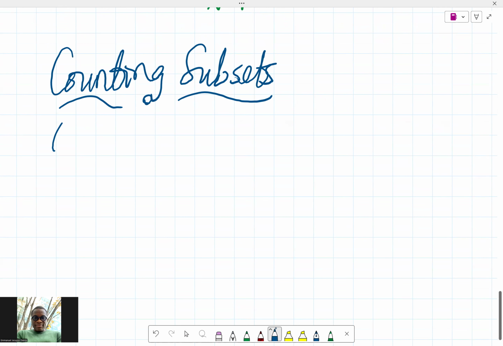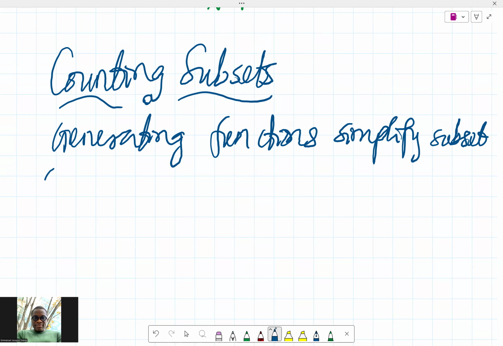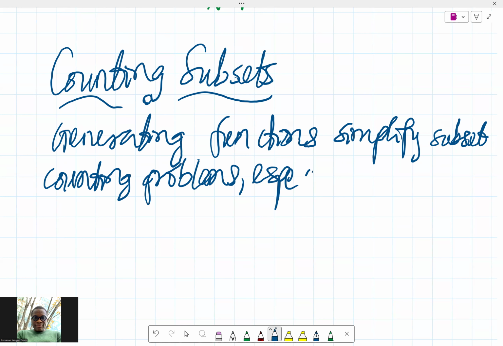Generating functions simplify subset counting problems, especially with constraints.